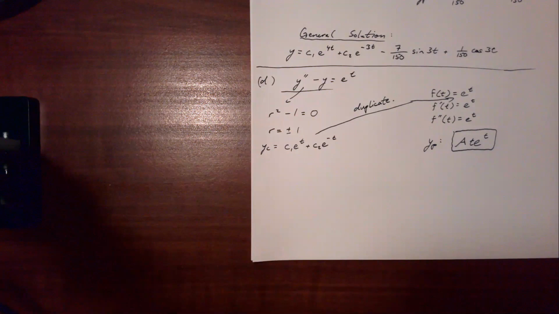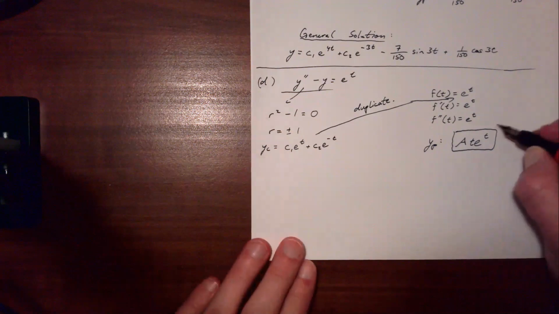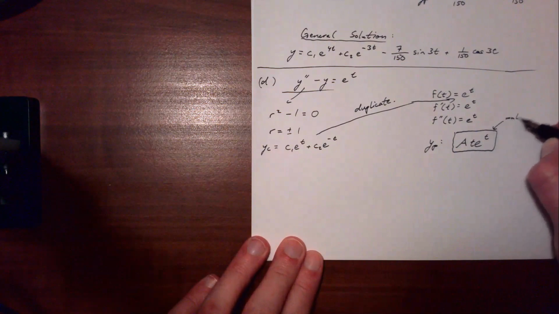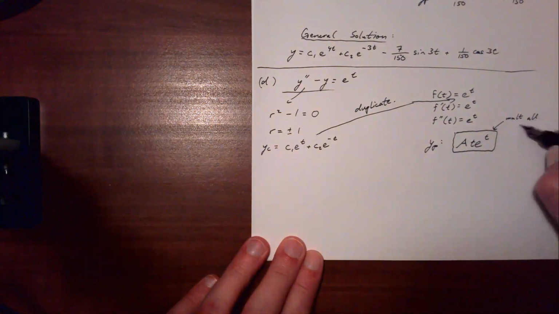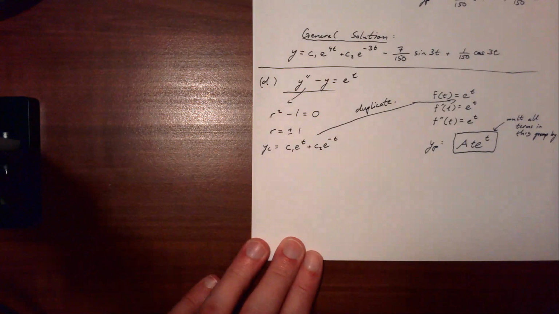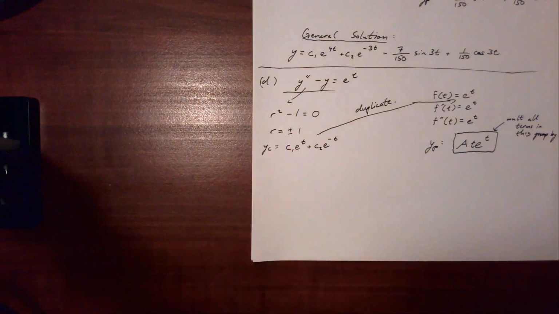You give an extra power of t, so just multiply all terms in this group by a power of t that makes it clear of the ones over here. And that would just be t to the 1.